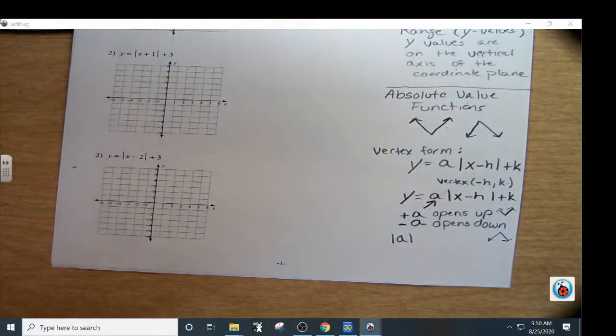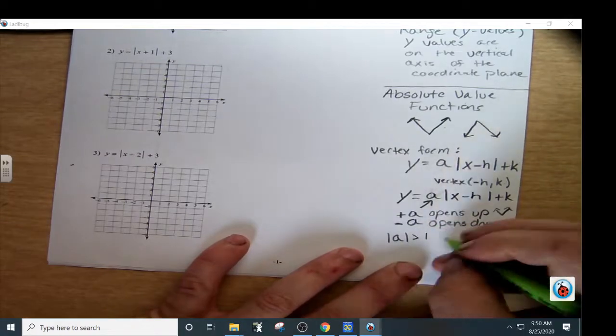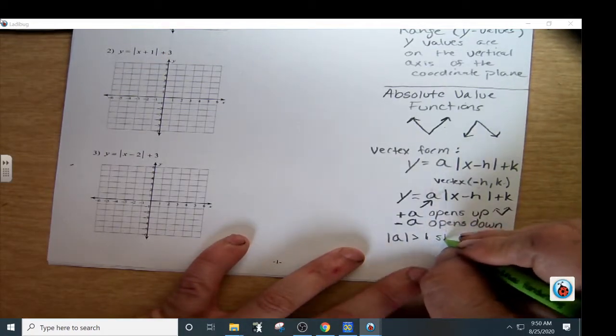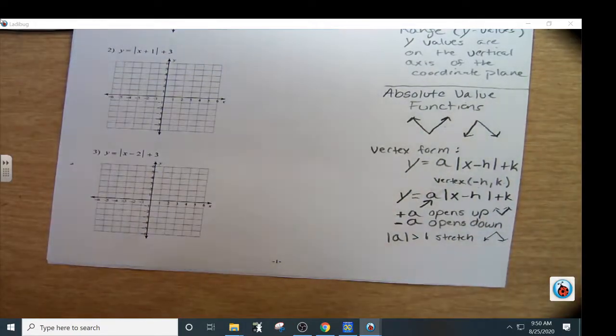So if I take the absolute value of A and it is greater than 1, it does what we call stretch. Okay? It stretches. This is the same thing as the square root function and the quadratic function you did in Math 2, the A value. A lot of these will be just the same as just a different function.